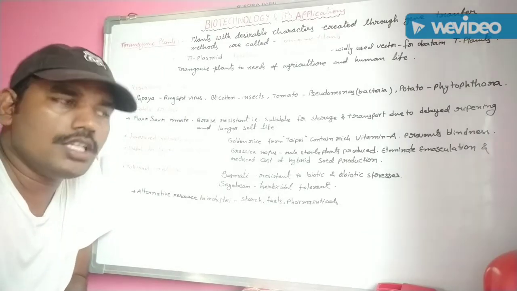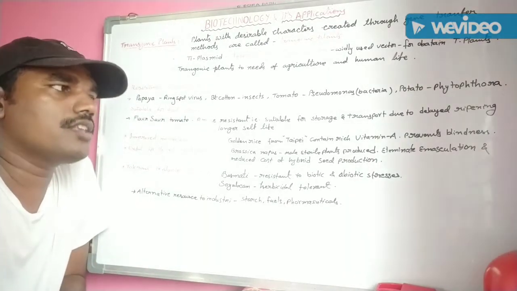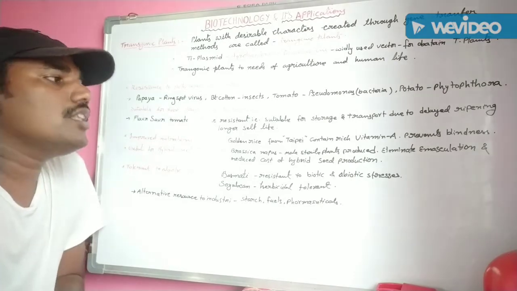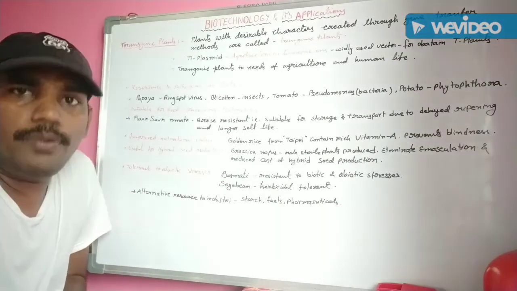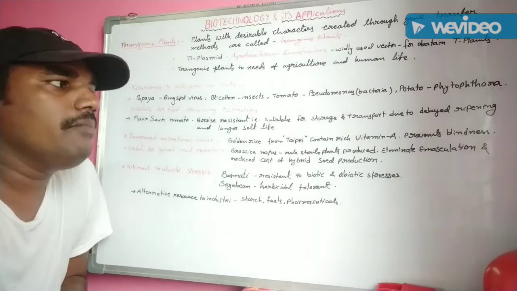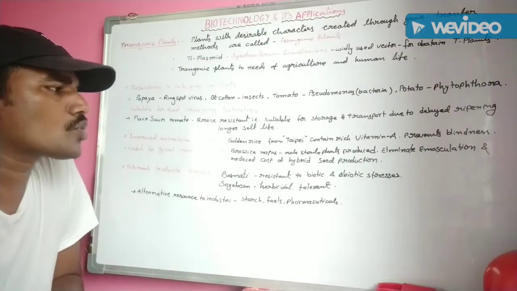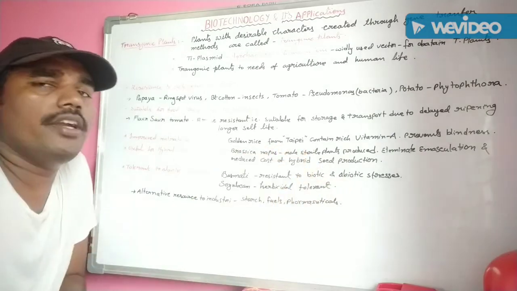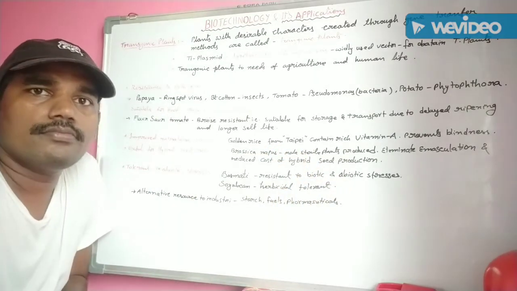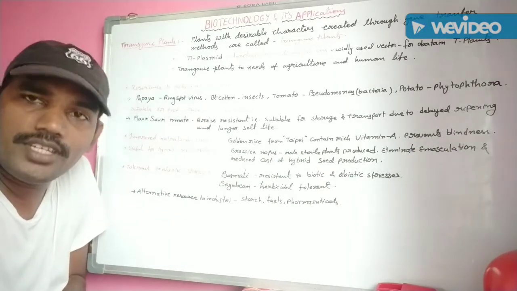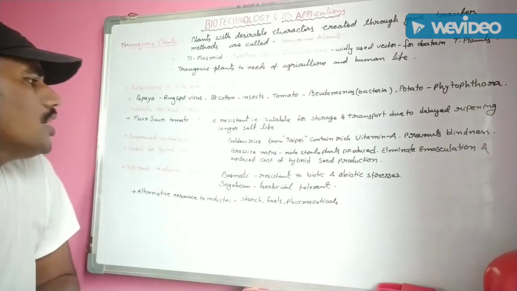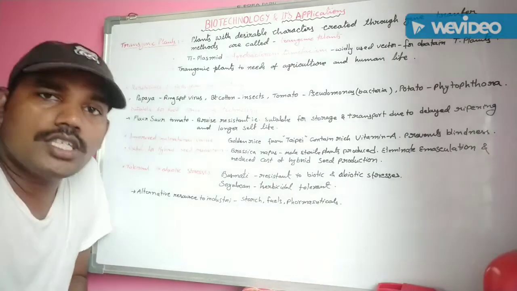These transgenic plants are produced as male sterile plants. Hence, emasculation is eliminated and the cost of hybrid seed production is reduced. So it is very suitable for hybrid seed formation. Understand?